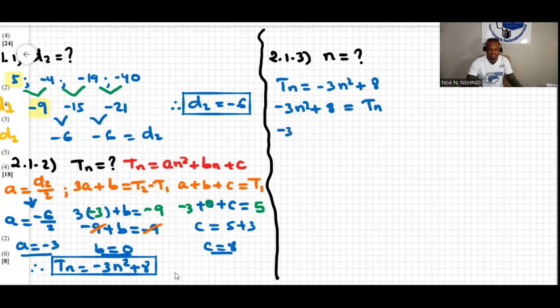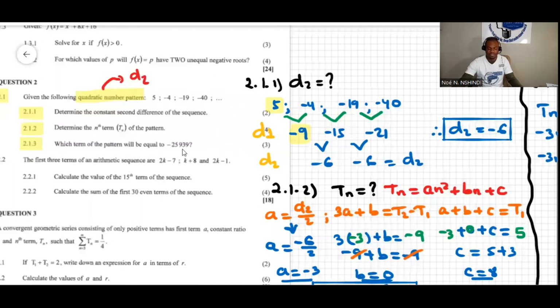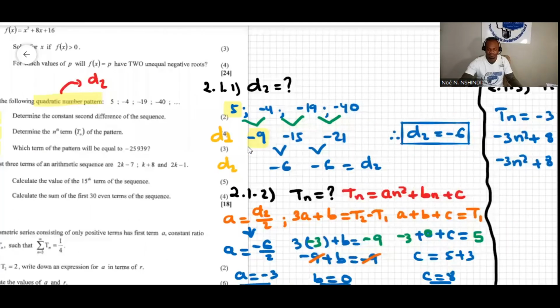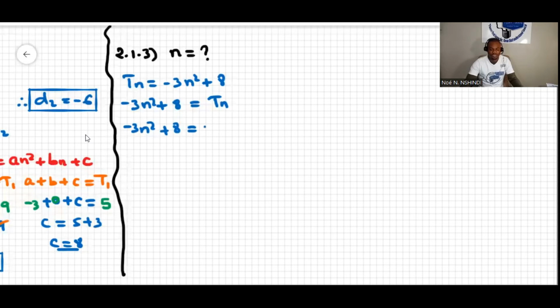So I can say negative 3n squared plus 8 equal to Tn, which is given by the number negative 25,939. Now if I move the 8 over, that makes negative 3n squared equal to negative 25,939 minus 8.